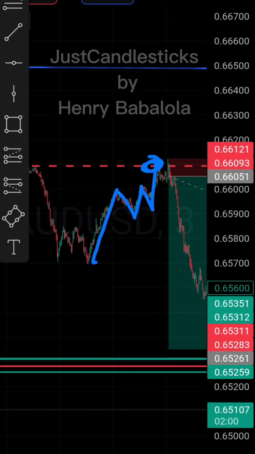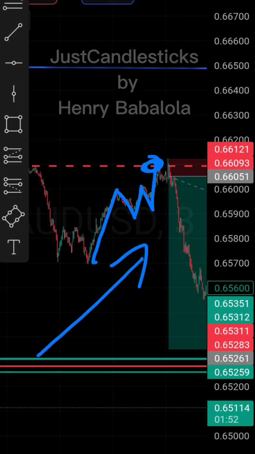Now, since it touched our area of interest, we are not just going to pull the trigger. We want the market to confirm to us that it's not going up, because based on market structure, this is an uptrend. And based on our monthly, we are trading down, weekly down, daily down, okay?